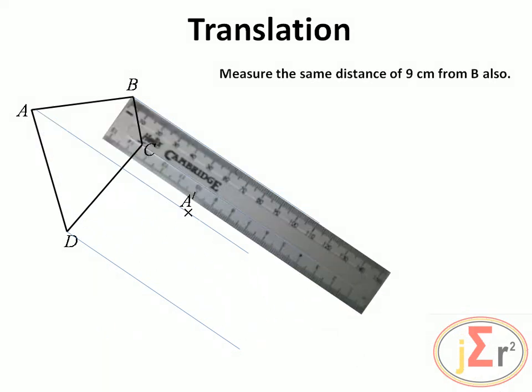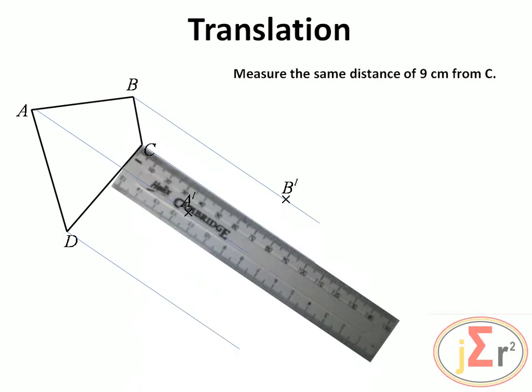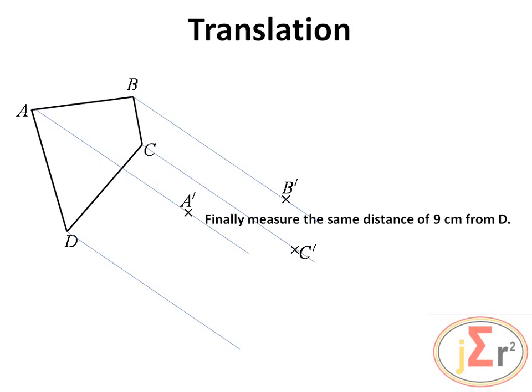And of course we are going to measure that same distance from the vertex B, and the new point is the image of B, called B prime. So the next thing, measure the same thing, 9 centimeters from C along that line, and that image is C prime.